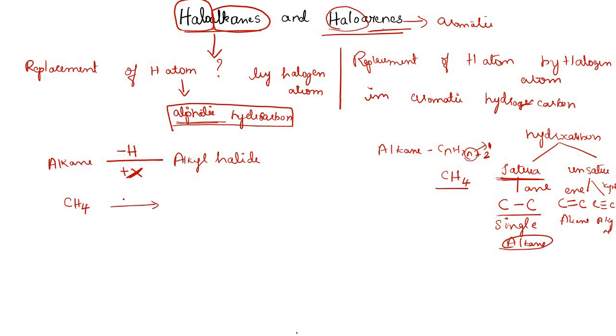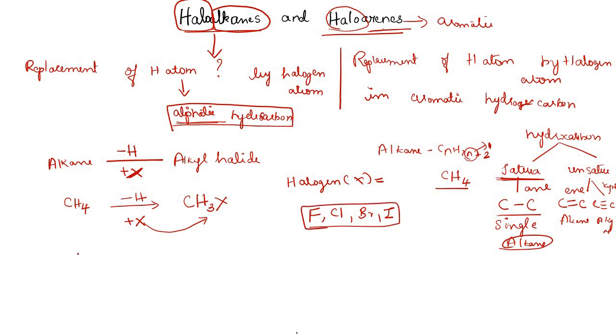When you remove one hydrogen from methane and add one halogen atom to it, you get CH3X. Here, the halogens I am mentioning in this video are fluorine, chlorine, bromine and iodine. So these are the halogens.